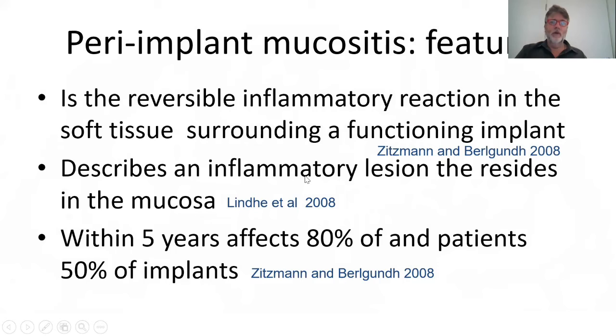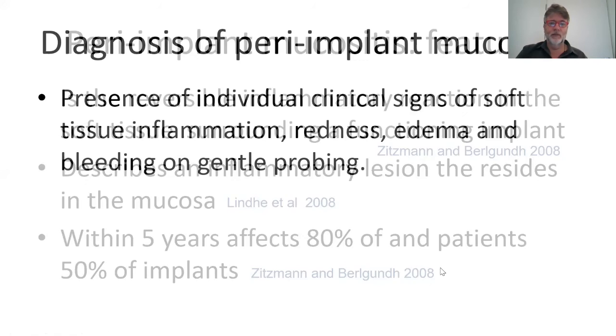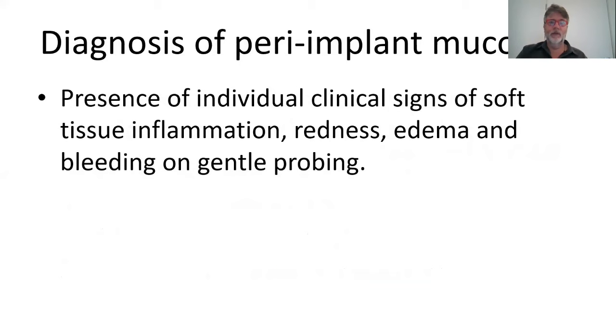So we've known about these conditions for some time. It's not that these are a recent discovery. And within 5 years, it can affect 80% of your patients, with 50% of the implants in the mouth affected. So I'll go through that again. That is quite a significant percentage of people that are going to have this problem.